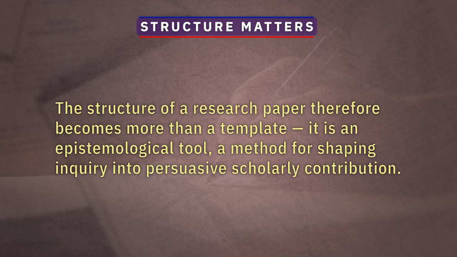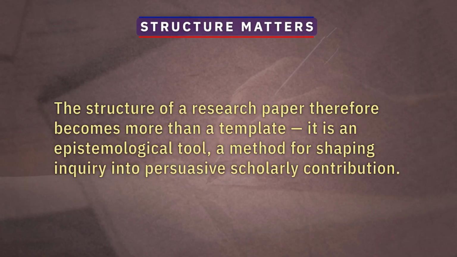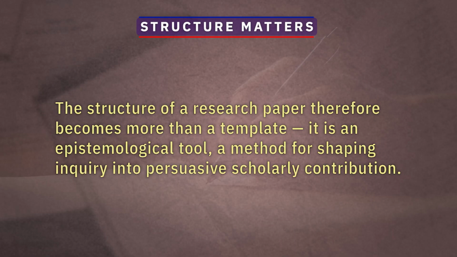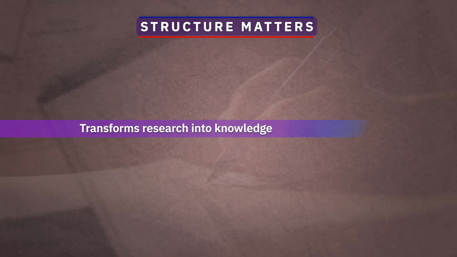Structure also works as a kind of epistemological tool. It is a kind of method that helps to shape any kind of critical inquiry. The structure will enable us to formulate a method of critical inquiry that is persuasive and that is accurate. So, structure is the base of any research article or any kind of academic writing, because what it does is that it transforms research into knowledge.